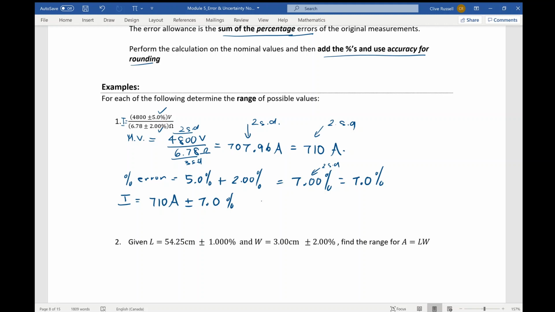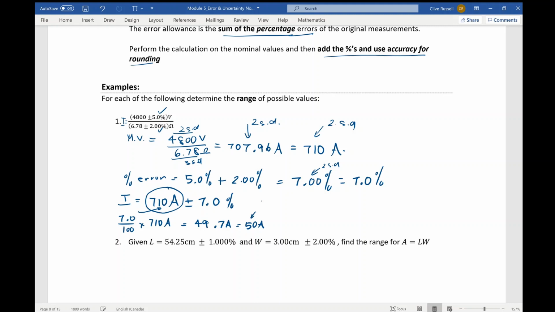Now before we can find the range, we have to first of all find the absolute error. So we could say 7%, which is 7.0 over 100 multiplied by 710 amps, and that will give me 49.7 amps, which we have to round to 50 amps. Why is that? Well, this measured value here is precise to the nearest 10, so we have to round this to the nearest 10.